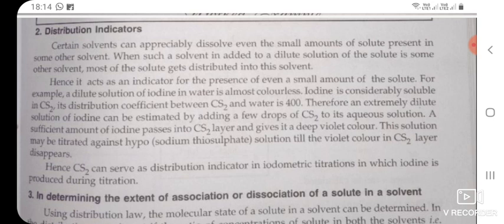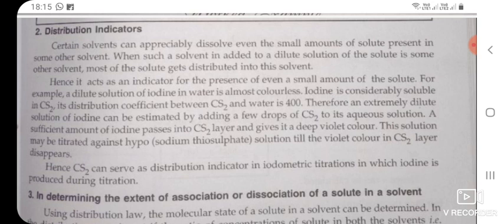For example, a dilute solution of iodine in water is almost colorless. Iodine is considerably soluble in CS2. Its distribution coefficient between CS2 and water is 400. Therefore, an extremely dilute solution of iodine can be estimated by adding a few drops of CS2 to its aqueous solution.